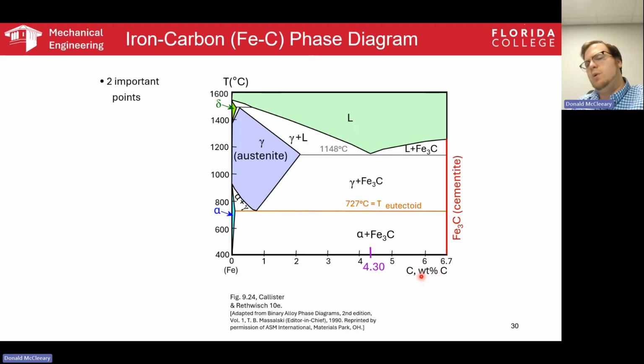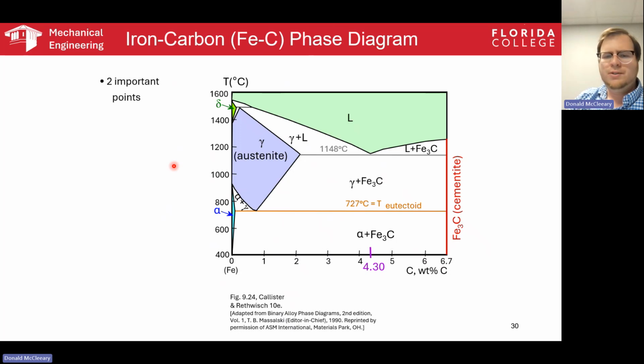But in this case, we're only going up to the feasible limit of steel, which is around 6.7 weight percent carbon. Beyond that, you get into really high carbon steels, and they're usually too brittle to be useful. I think cast iron is actually somewhere around there. A lot of people don't think of iron as being a steel, but technically speaking, it actually is. And that's why it's so incredibly brittle.